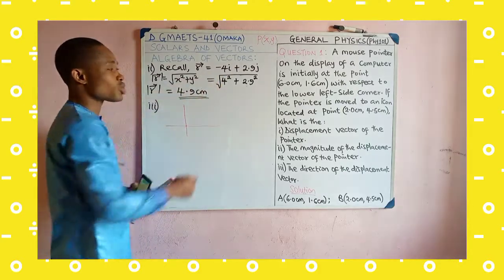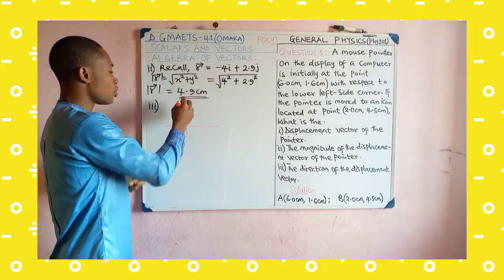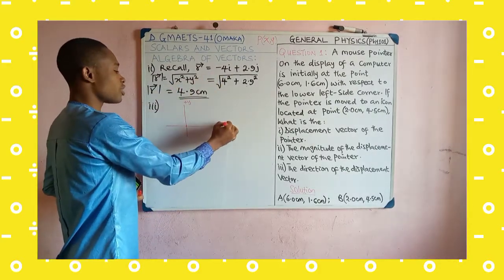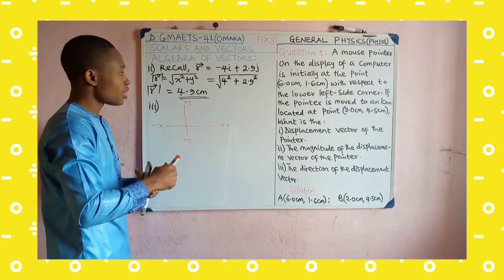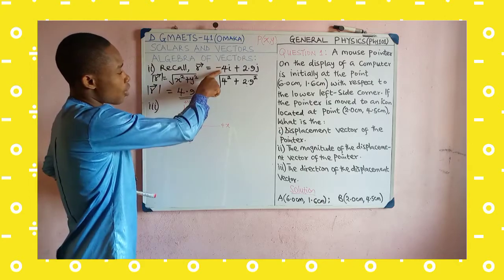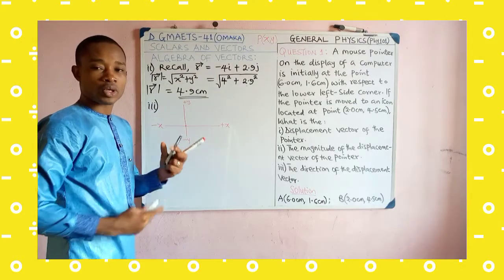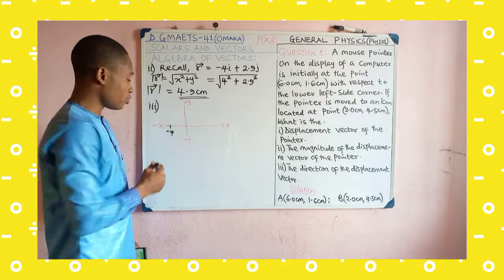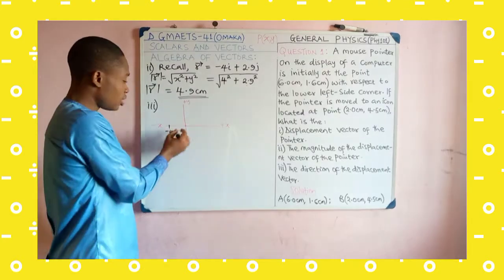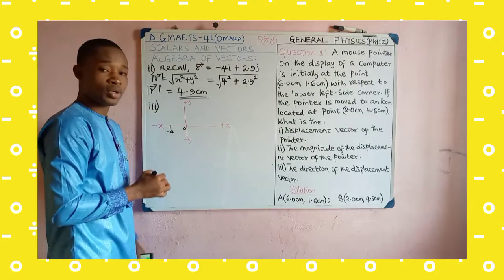This displacement vector, if you look at, this is positive y-axis, this is positive x-axis, this is negative y-axis, this is negative x-axis. Now the displacement vector, our x value is minus 4, which means it is somewhere here. Let me locate it in minus 4. Alright, this is the origin, 0, we know that.